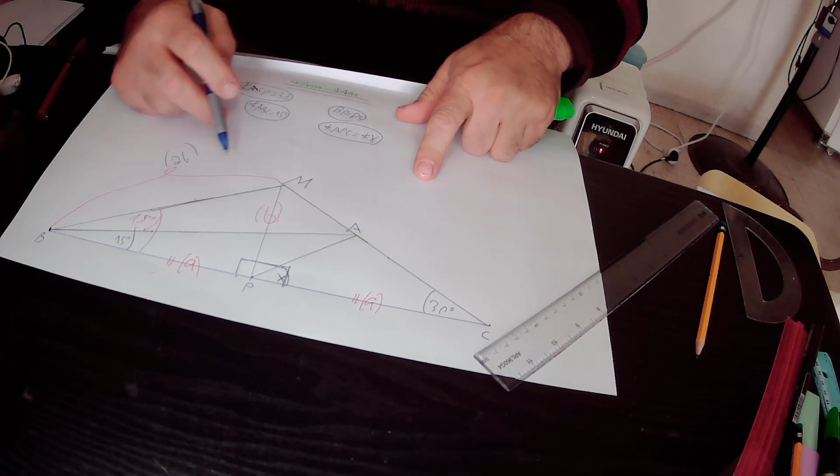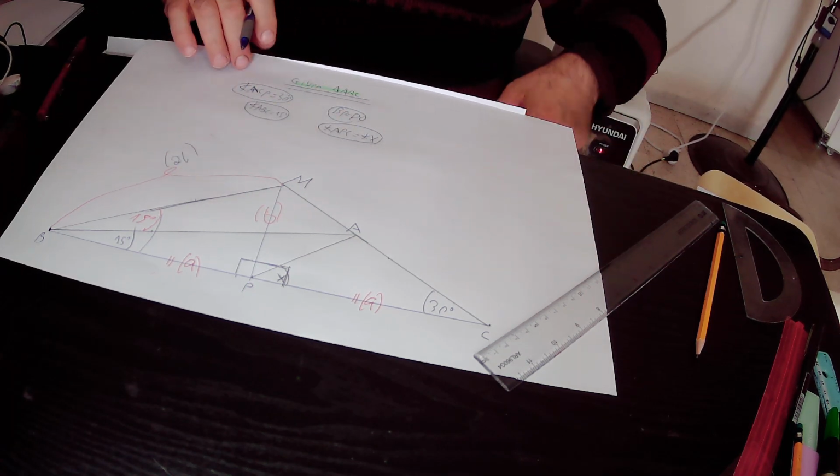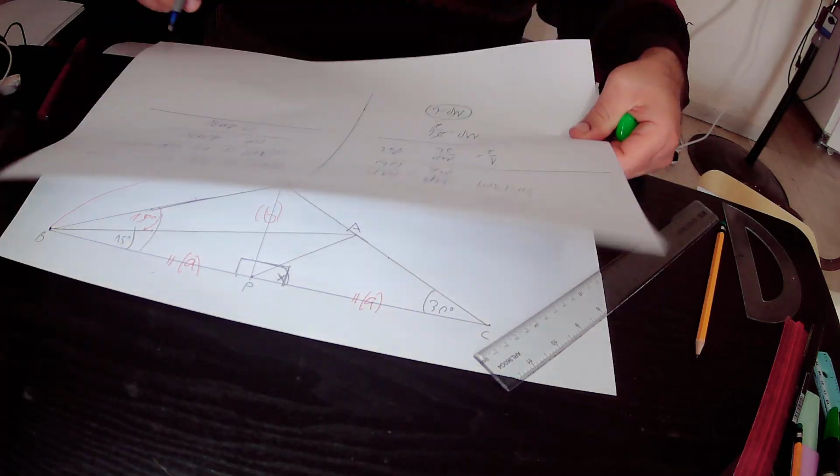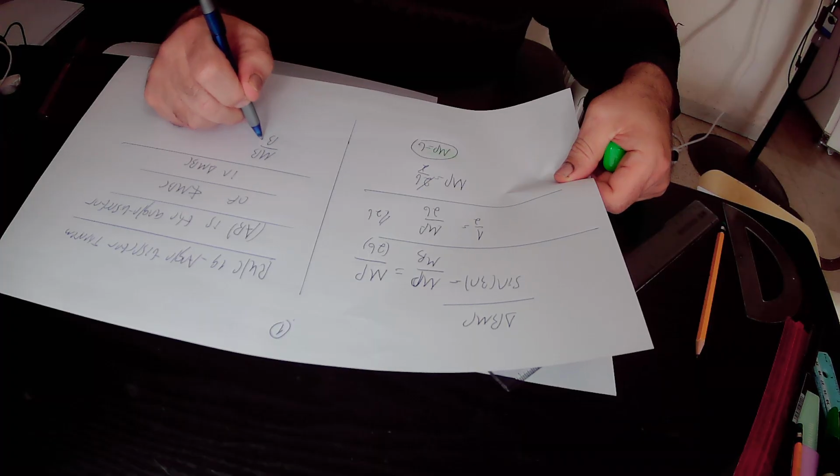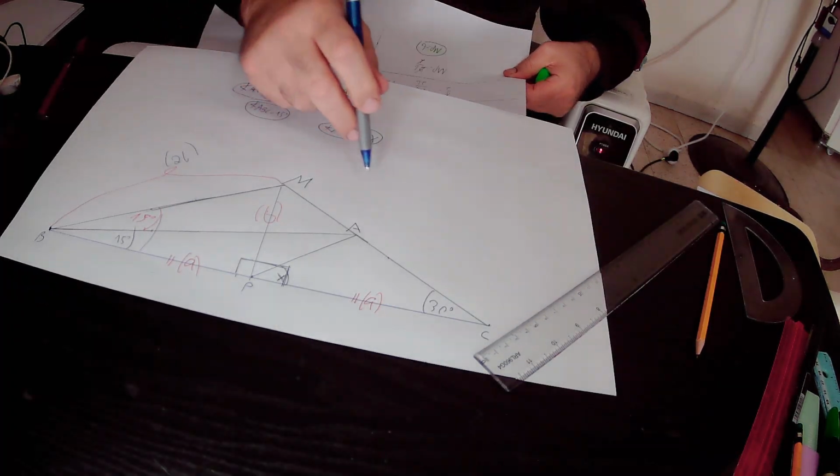That is to say, MB over BC equals MA over AC.